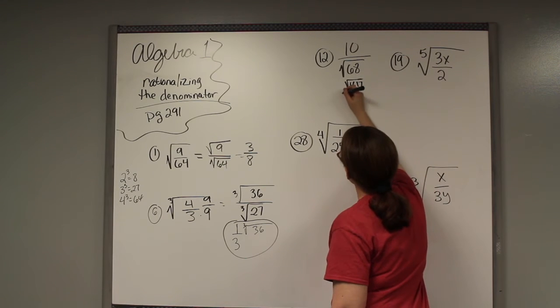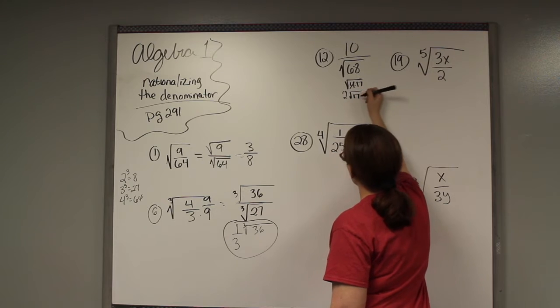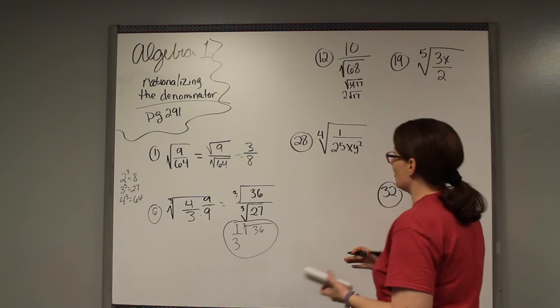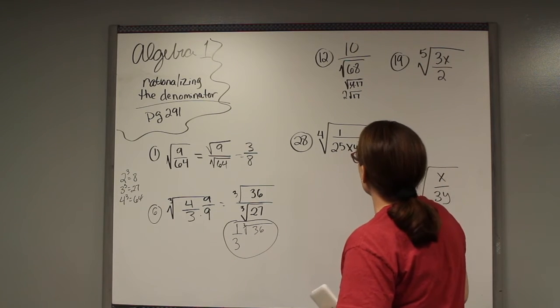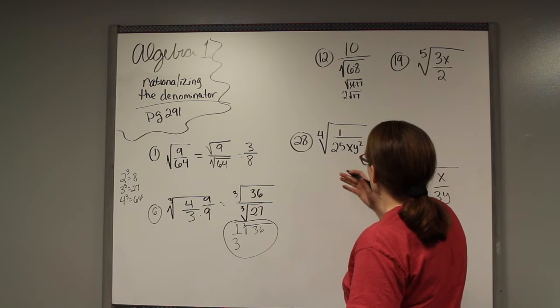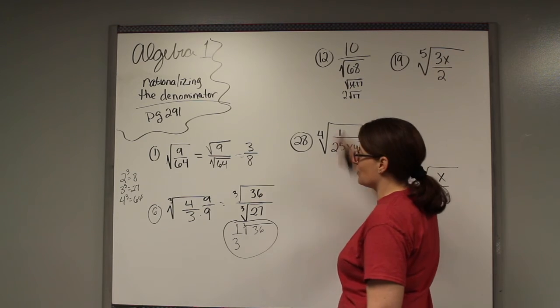The square root of 4 is 2. It comes to the outside, and now I have this. 17 is prime, so I know there's nothing I can multiply to get that out. So now I have to make this a perfect square.